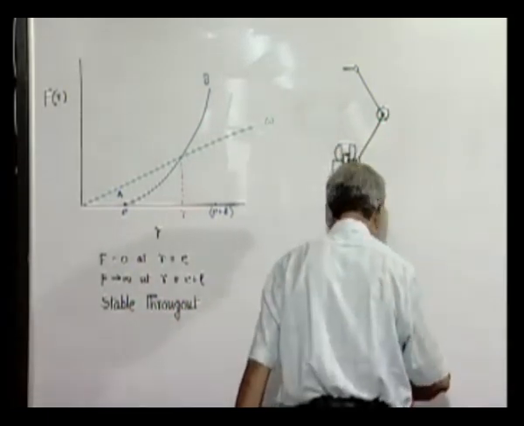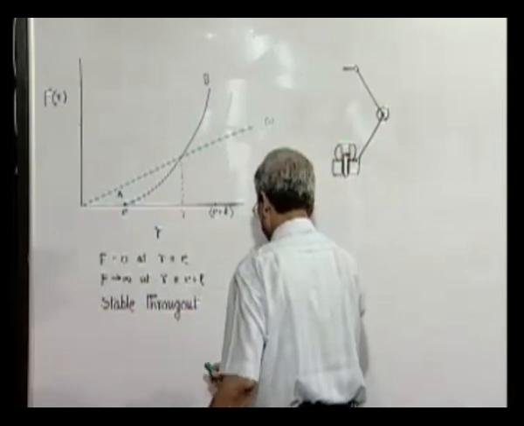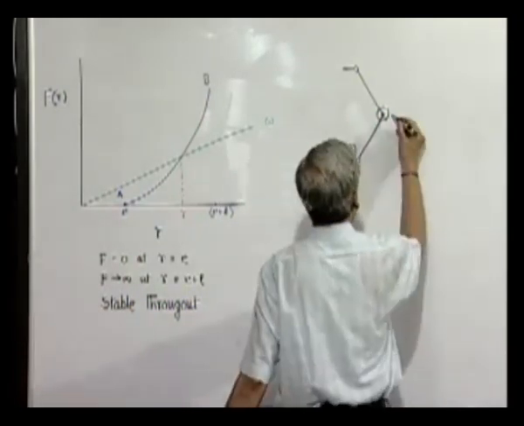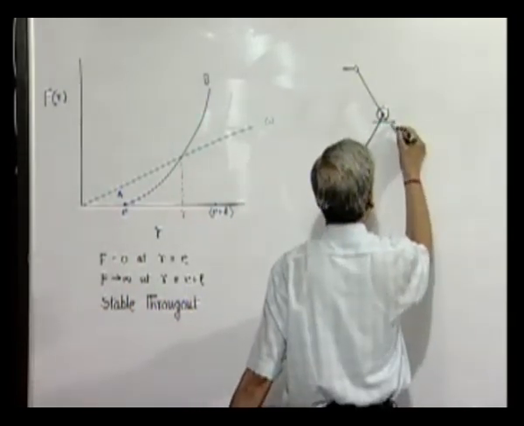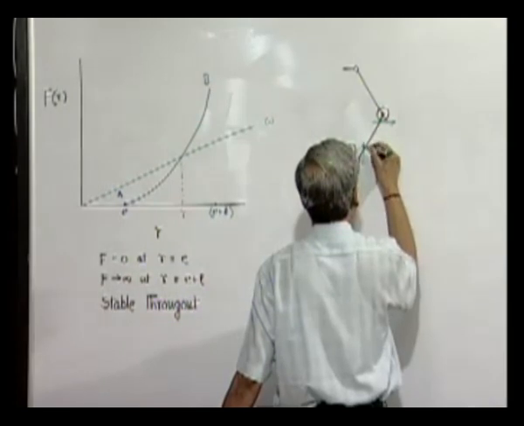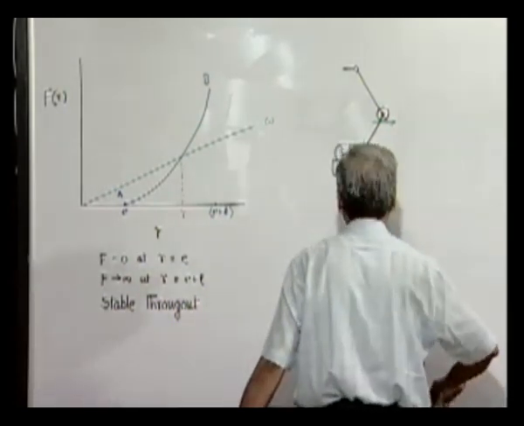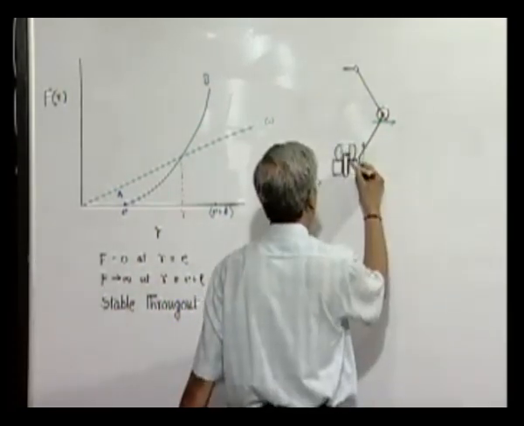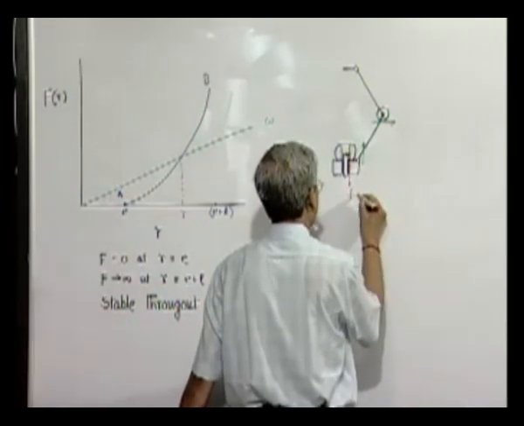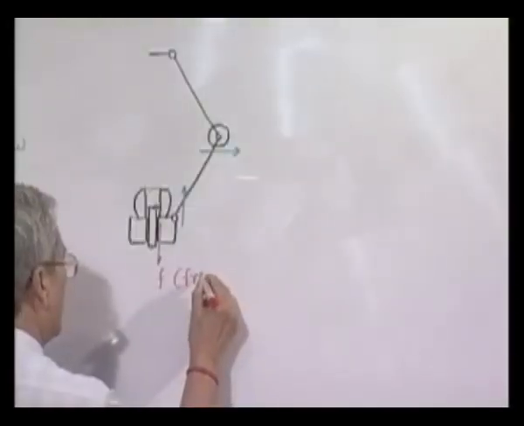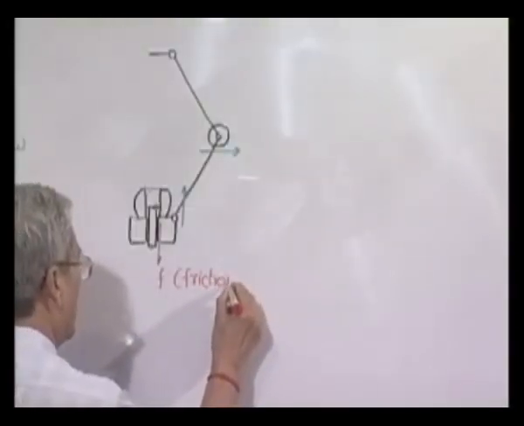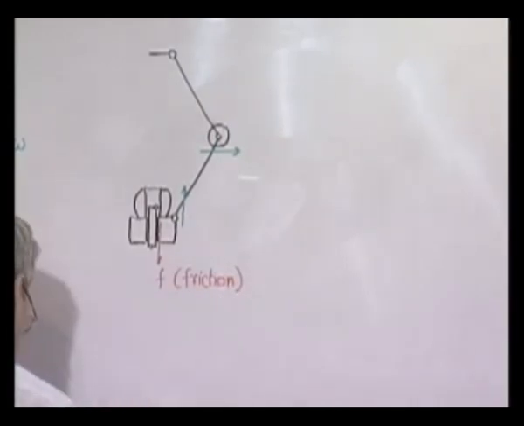whatever friction there may be, when it is speeding up, that means speed is increasing, then it has a tendency to move up, and so obviously sliding friction on the sleeve will be acting in this direction. This is the friction. So what is the effect of friction on the whole thing?